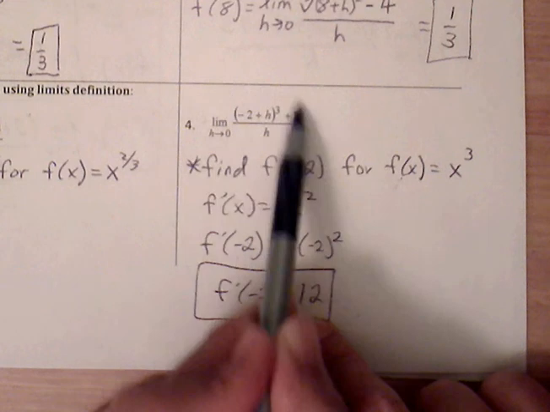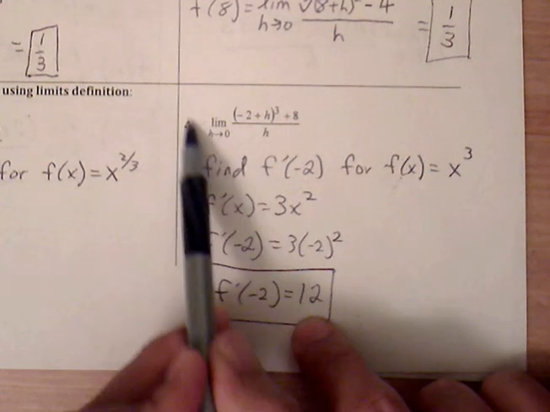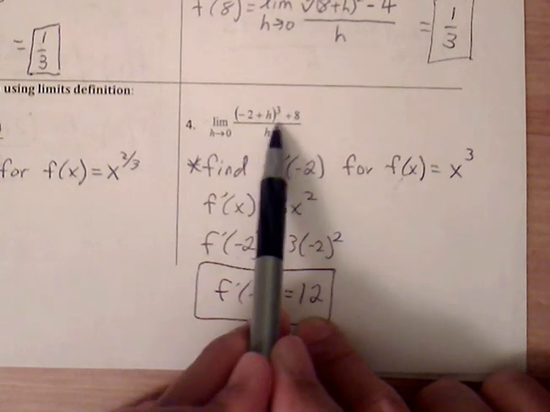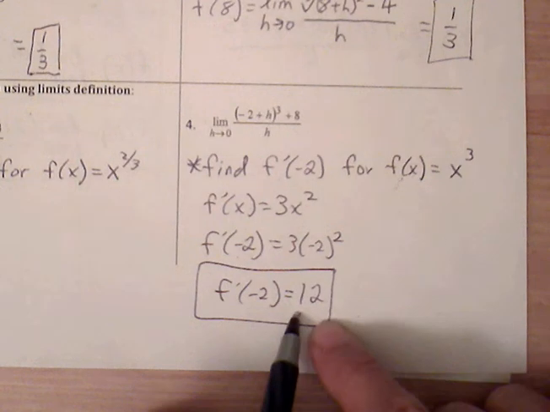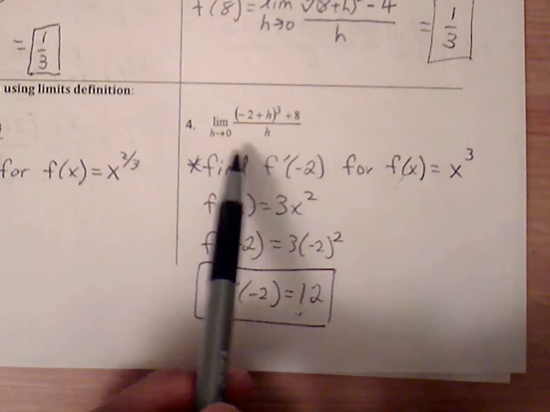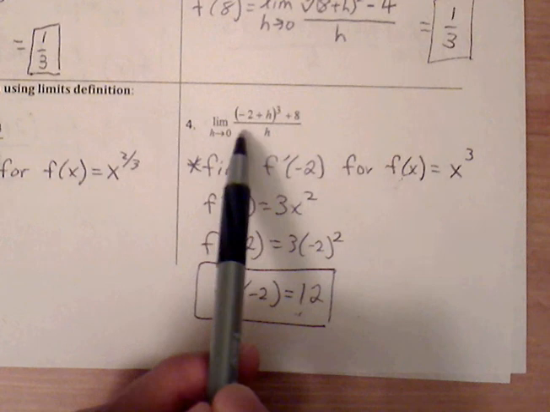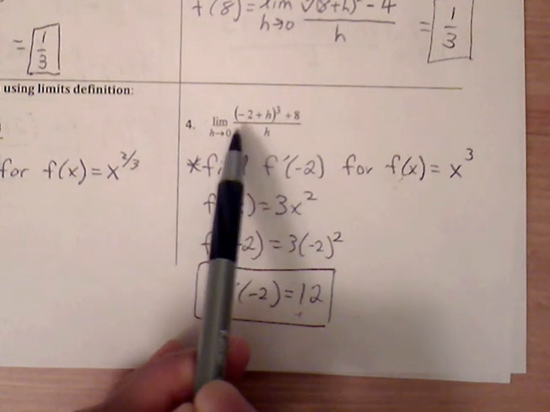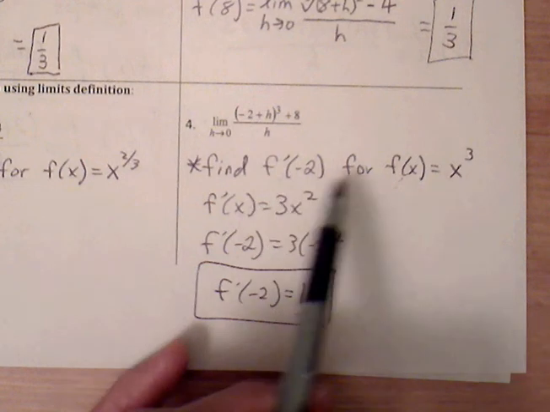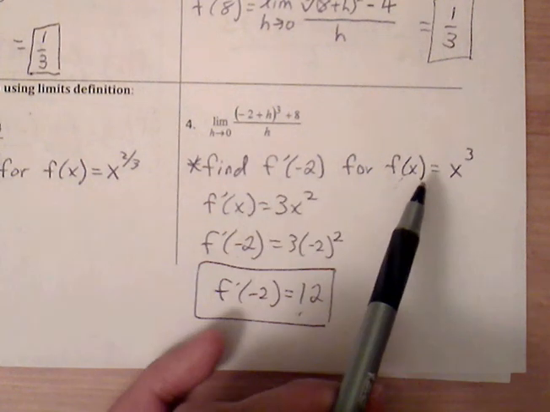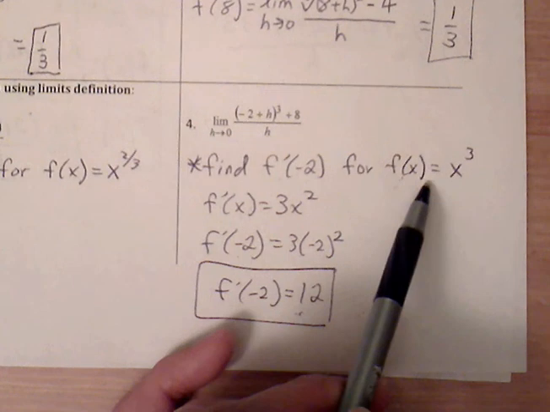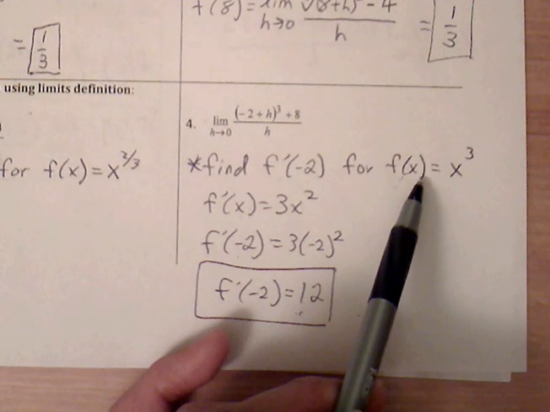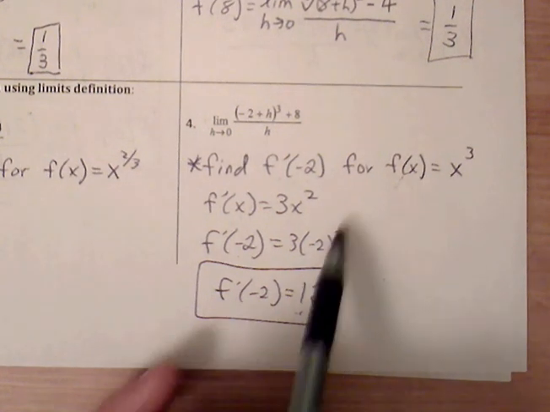So if we work this all the way through, it'll get us down to 12. But many times the problems presented to you will be so algebraically difficult that you're going to have to use knowledge of limit definition to work your way to the function and use a much more efficient method such as power rule to get to your answer.